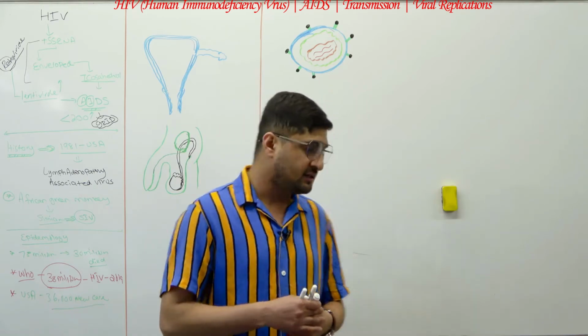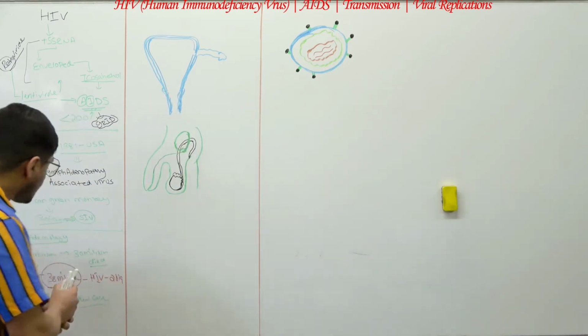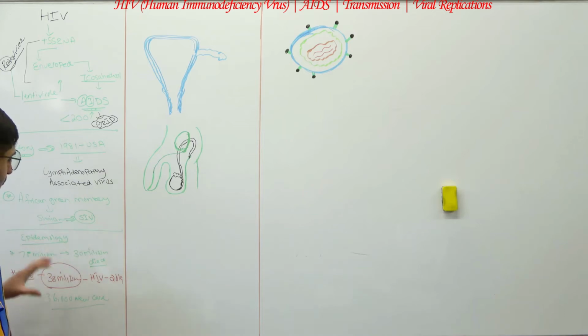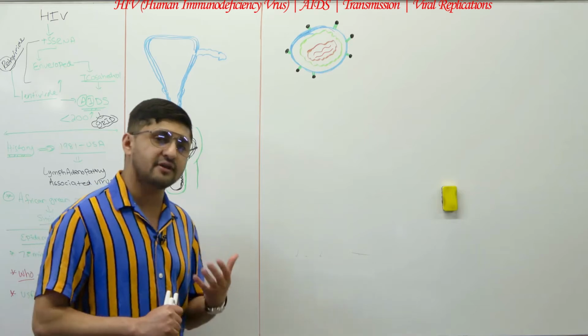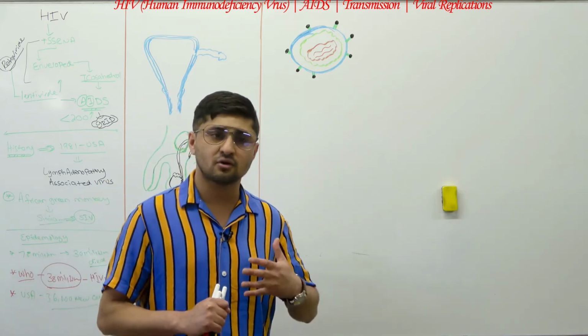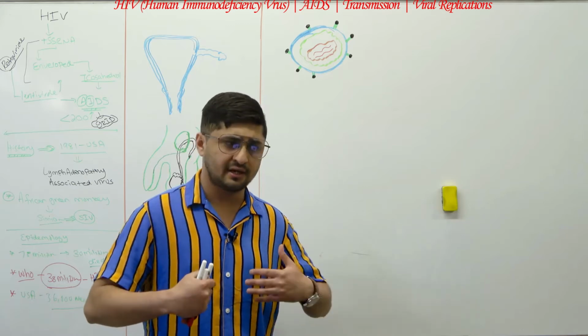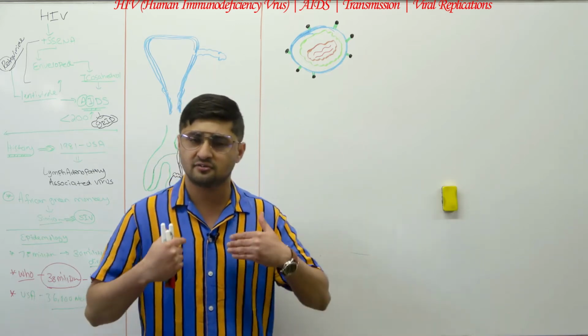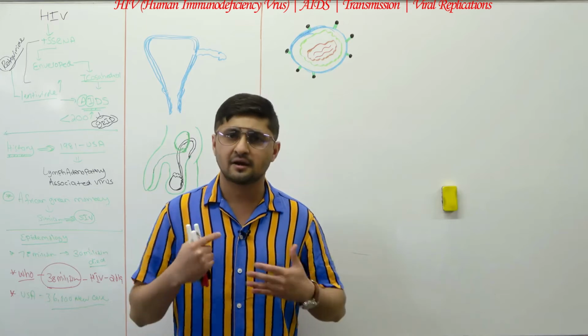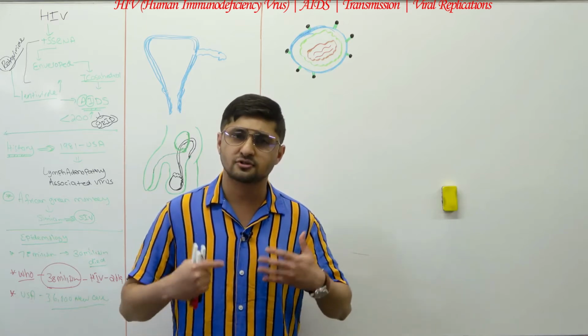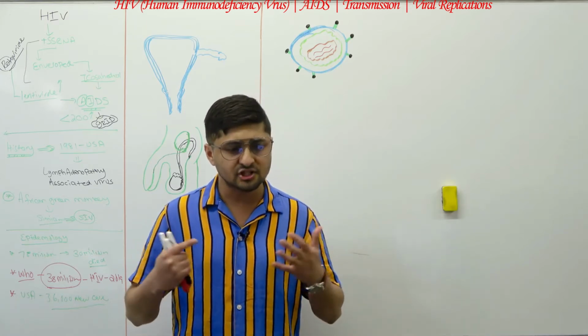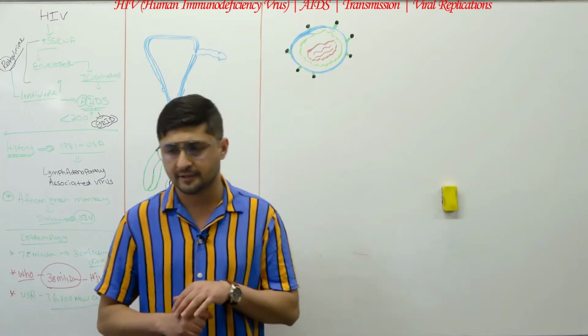That's why we need to understand why we are not able to find a cure, how HIV gets into our systems, how it infects human beings, and how the virus replication occurs. We'll talk about it here.